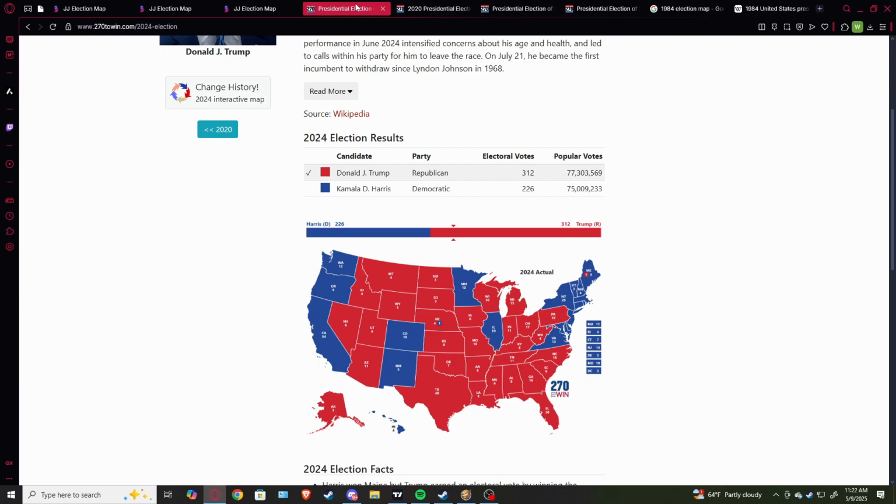And if we adopted a system like this, where it was either by district or it was just by percentage, like if you got 50% of the vote in Texas, you got 20 electoral votes, it would be much, much better, and make sure that more people are happy with the results of the election.